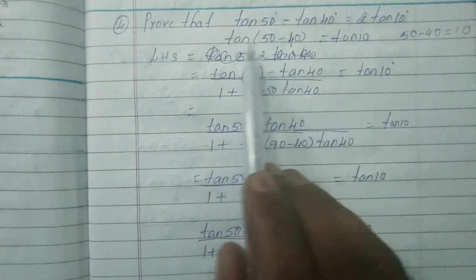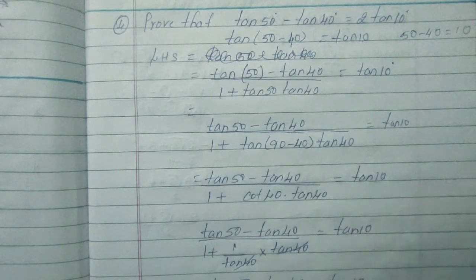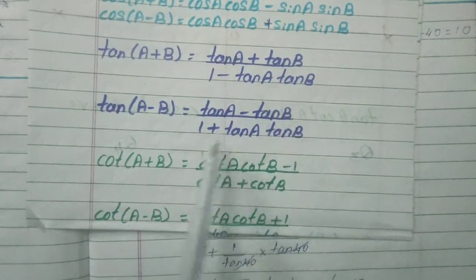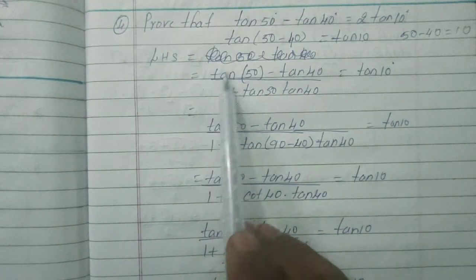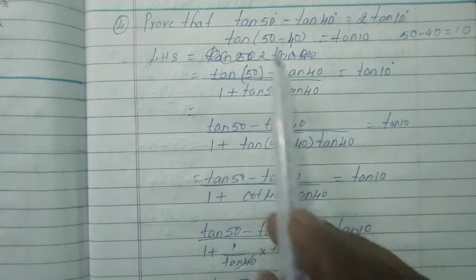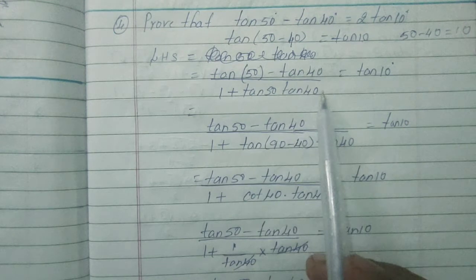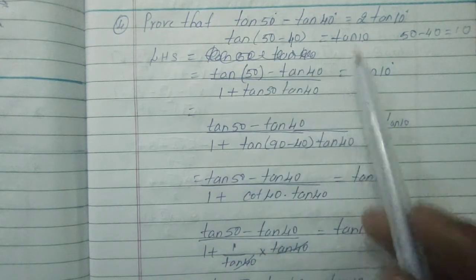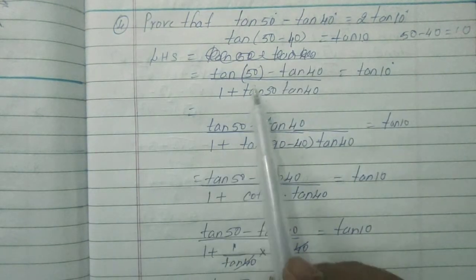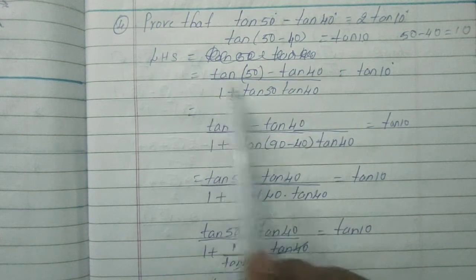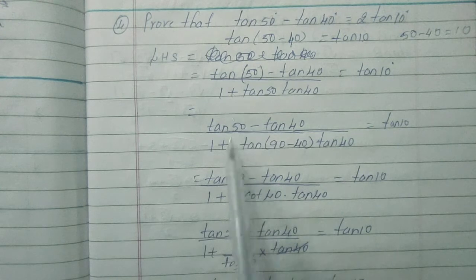Now it is in the form of tan(A minus B). What is the tan(A minus B) formula? Tan(A minus B) equals tan A minus tan B by 1 plus tan A tan B. Apply this. Tan 50 minus tan 40 as it is upon 1 plus tan 50 tan 40 equals tan 10.